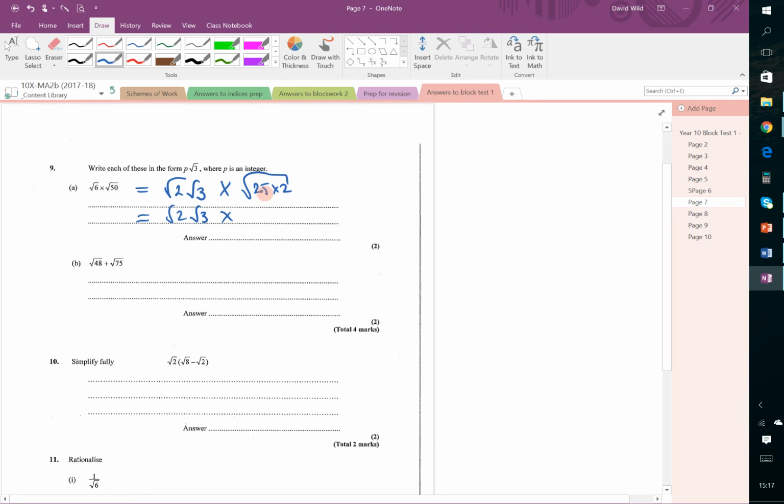Yeah, 5 root 2. This is root 25 times root 2, and root 25 is 5. So this is 5 root 2. Now we can multiply these root 2 with the root 2, giving 2. Agreed? Root 2 times root 2 is 2. Times this 5 is 10. So we're left with 10 root 3. And that's our final answer, 10 root 3.